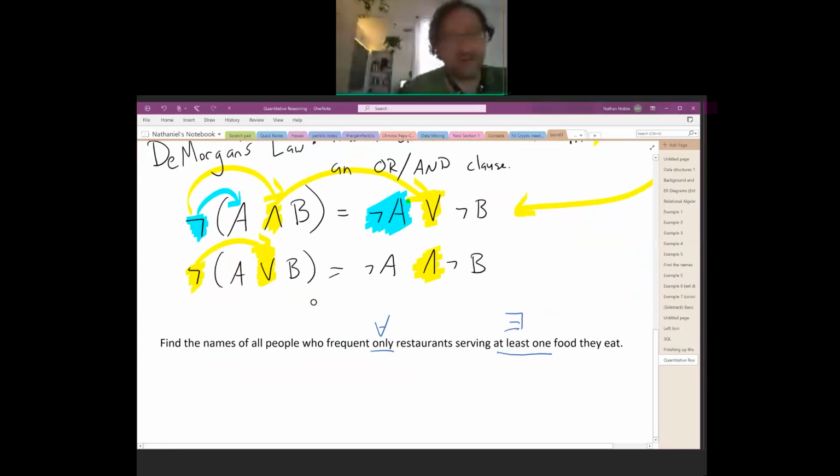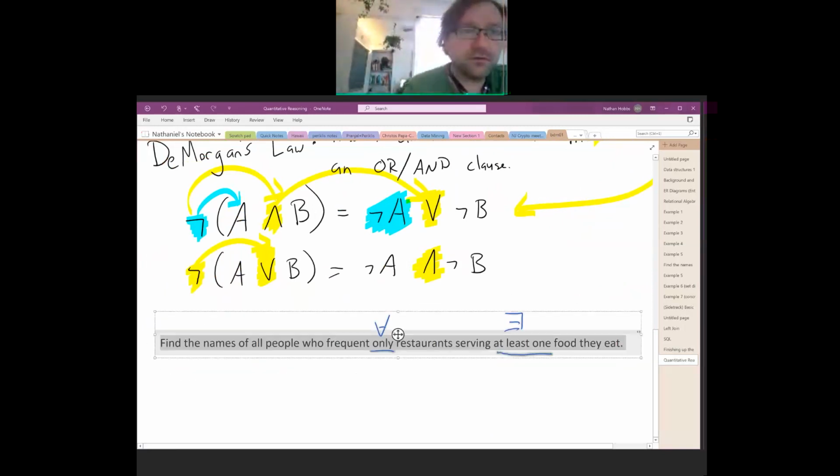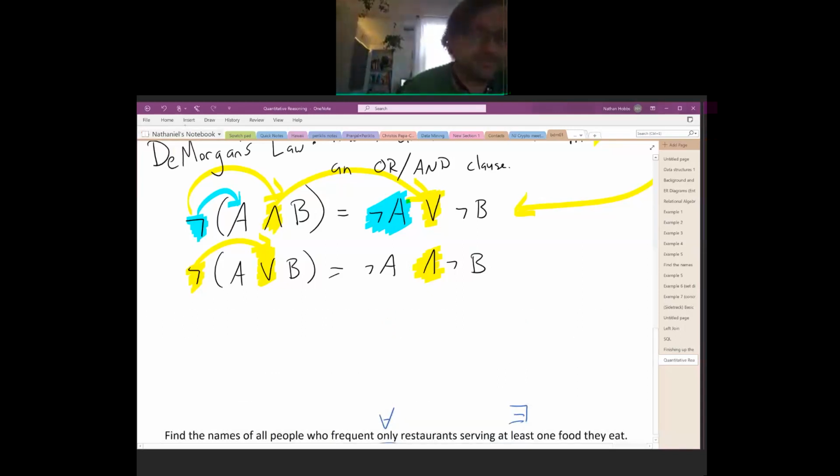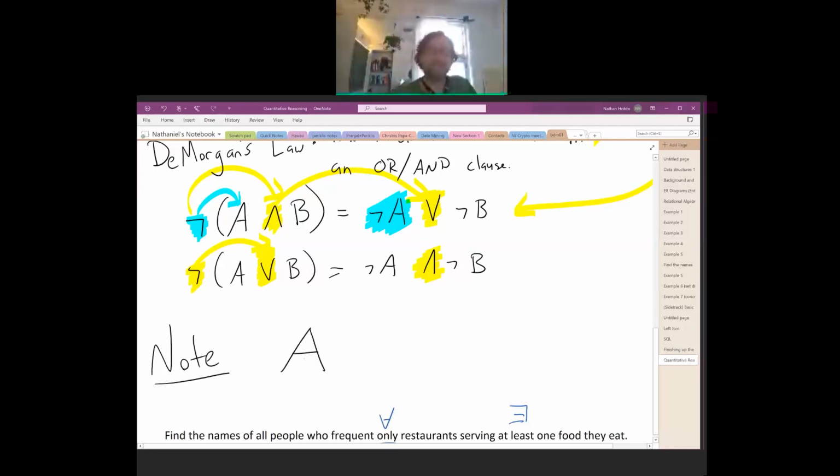The other thing is very obvious. I don't really even want to call it a trick, but note: not not A is equal to A. If you take something and you negate it twice, you just get back the original thing.